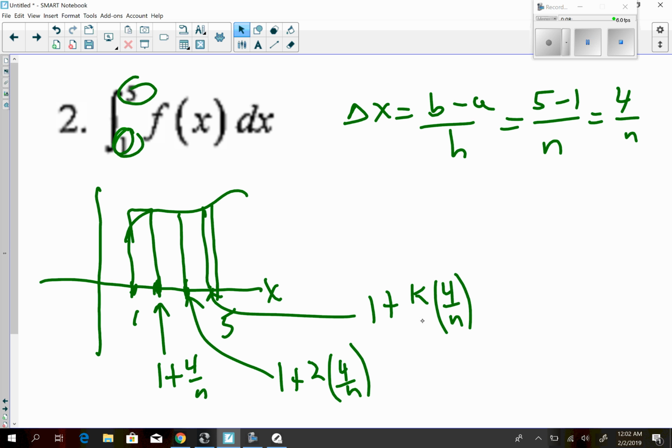That's the kth rectangle. The y coordinate of this point is whatever y is on this graph. Well, everywhere on this graph, y is f of x. So the y coordinate there is f of whatever this x is. It's 1 plus 4k over n.